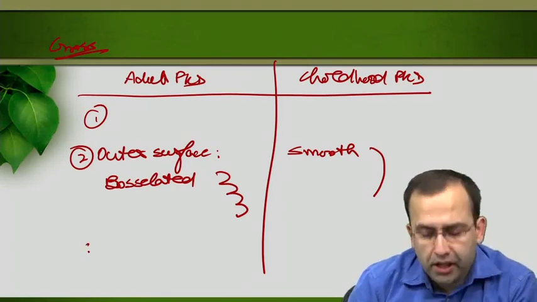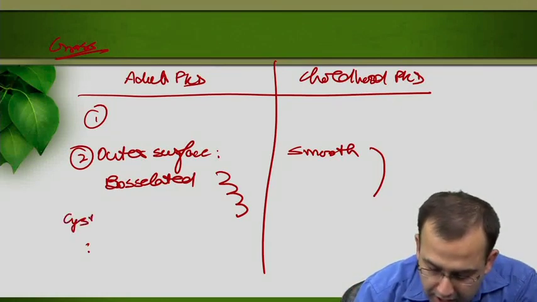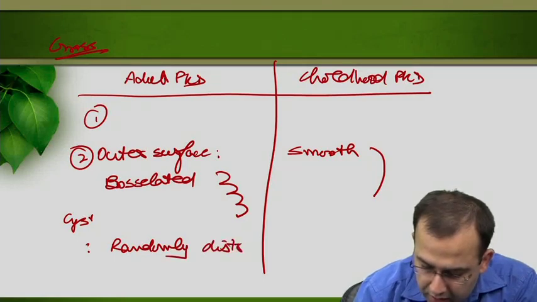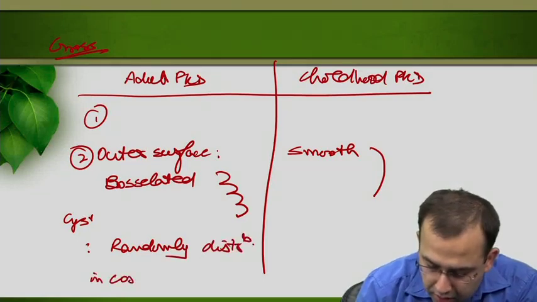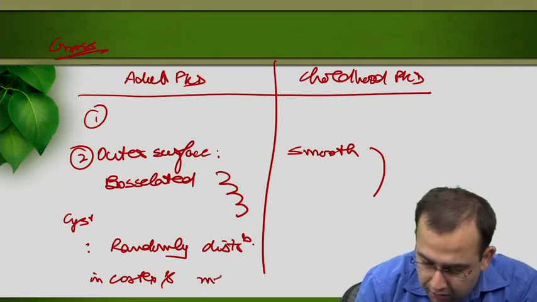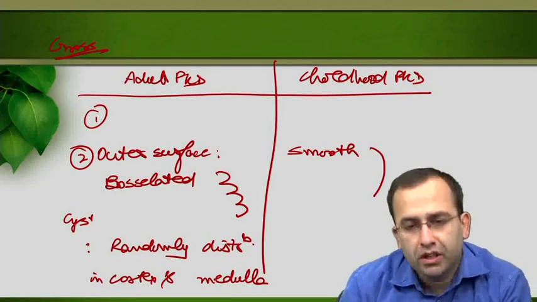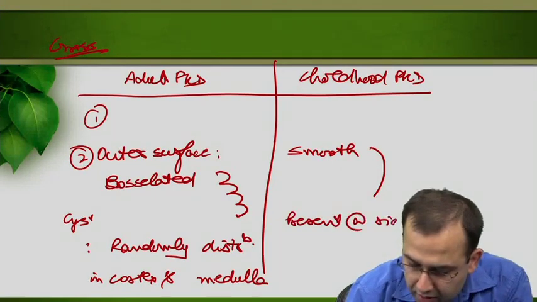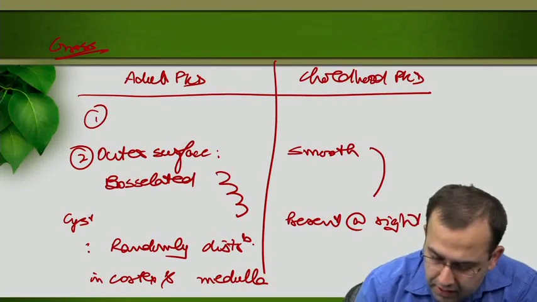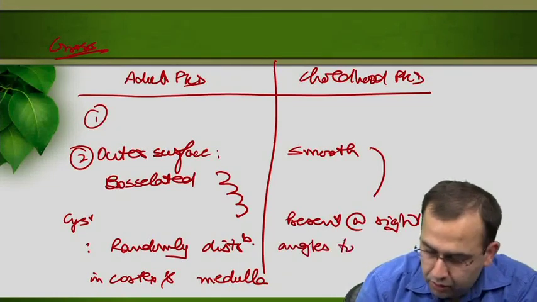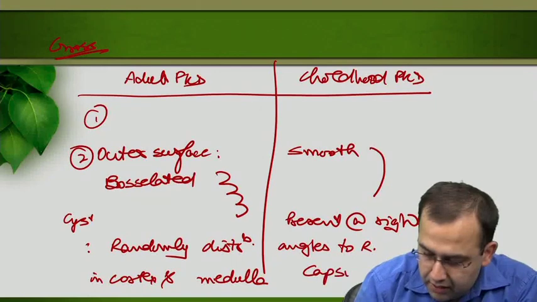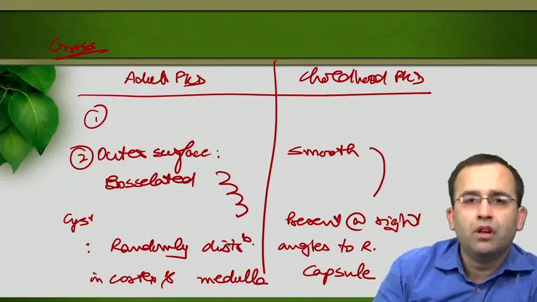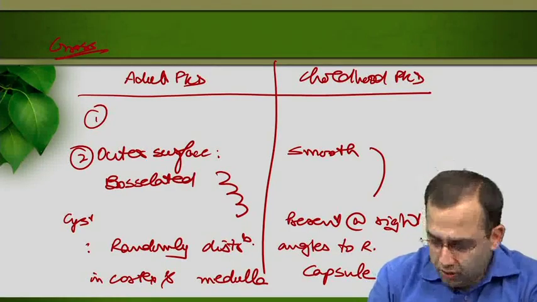In adult PKD, the cysts are randomly distributed in cortex and medulla, versus childhood PKD, where the cysts are present at right angles to the renal capsule. This is adult versus childhood PKD.